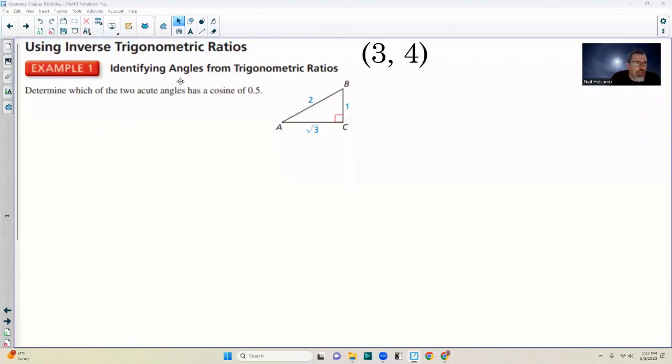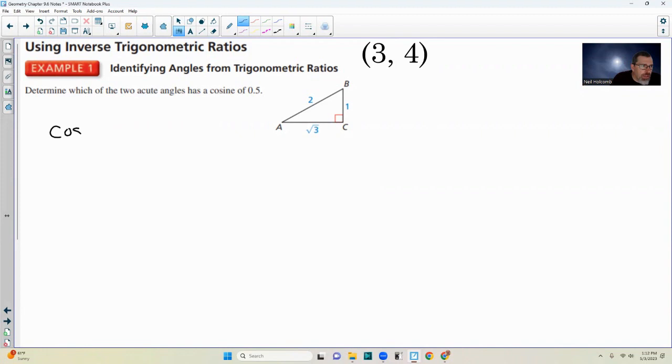Okay, so using inverse trigonometric ratios, identifying angles from trigonometric ratios: determine which of the two acute angles has a cosine of 0.5, or 1/2. So to solve this, we want to find the cosine of each angle.